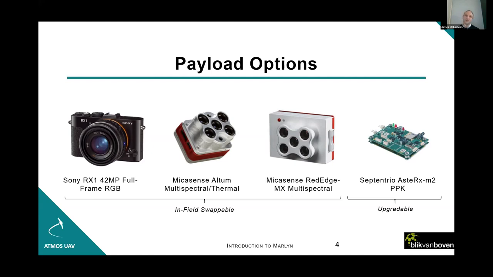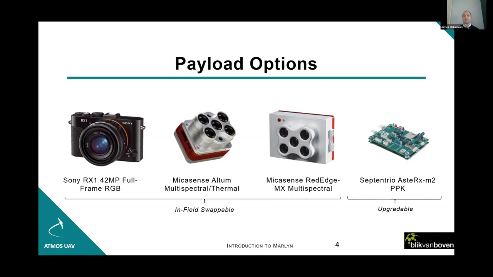So often I get the question, what's the difference between you and a lot of other fixed wing and VTOL type drones? There are not many VTOL drones in the world that are capable of having PPK in operation with multispectral cameras at the same time.